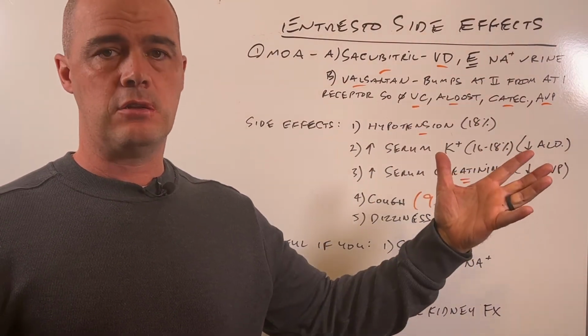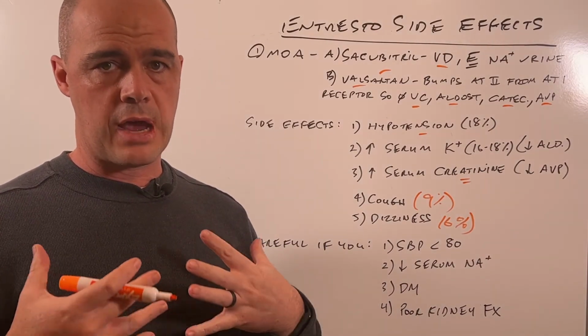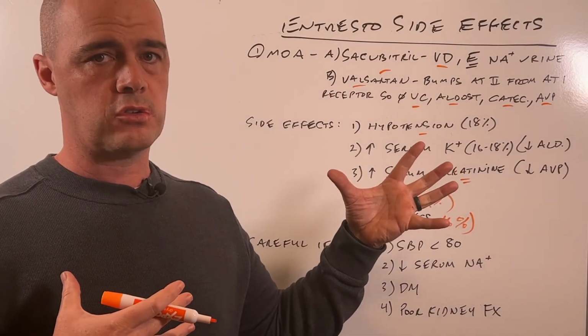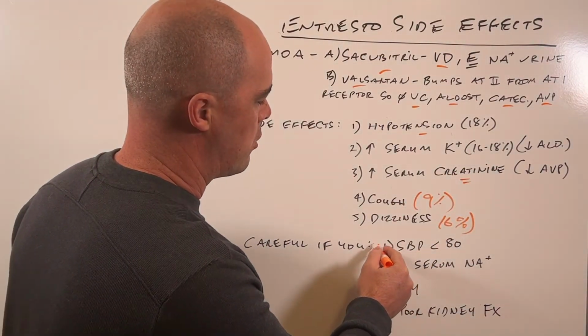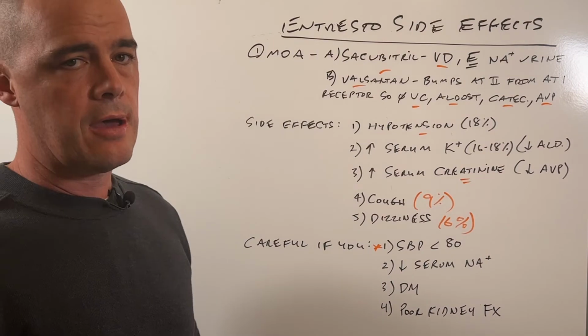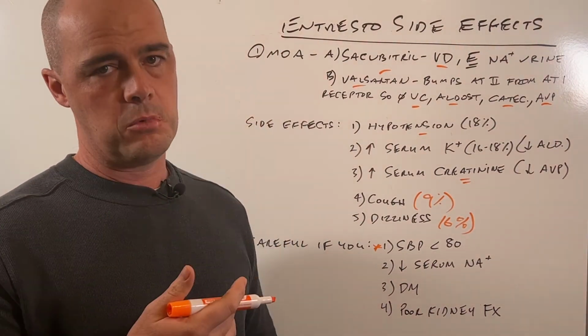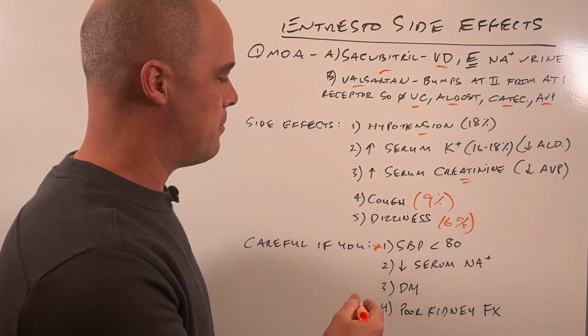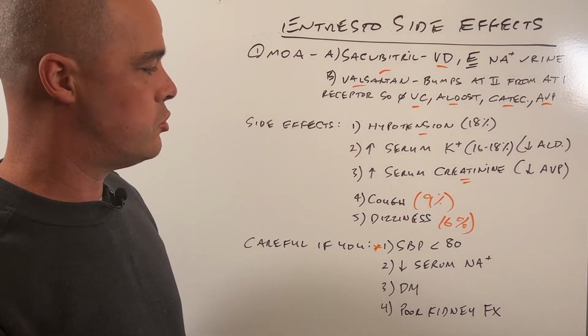Again, in the description, I mentioned that there are four groups of people that I would be careful using Entresto in, and the four groups are as follows. First of all, we want to know your blood pressure. If you have a systolic blood pressure less than 80, be very careful using it. Next, do we see a decrease in serum sodium levels?